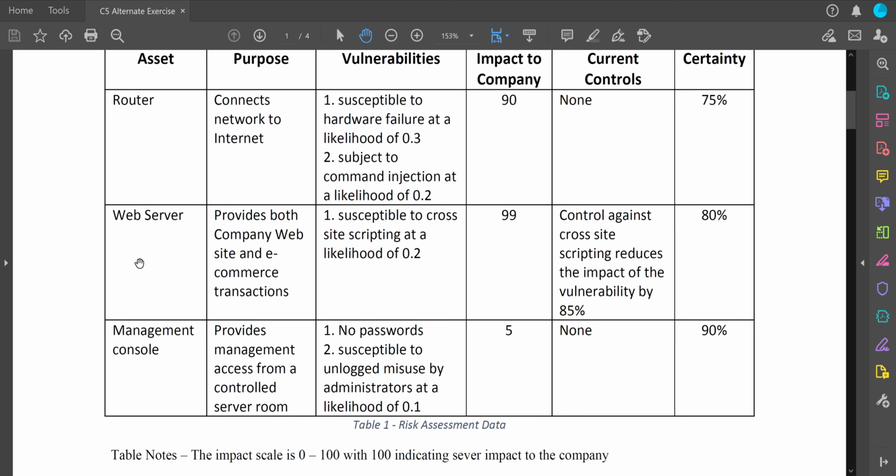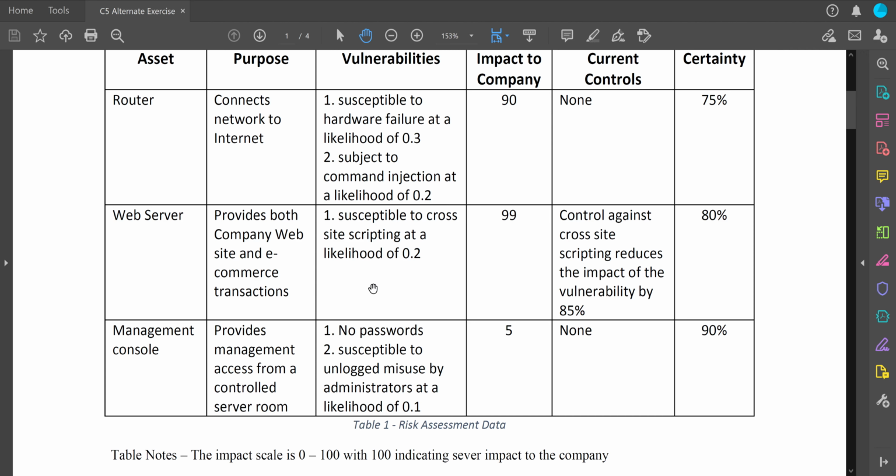The reason why I didn't say the web server, even though it has the highest percentage of impacting the company, is that there are controls in place already that reduce the impact of the vulnerability by 85%. So really, this 99% isn't 99. It really should be 14%.